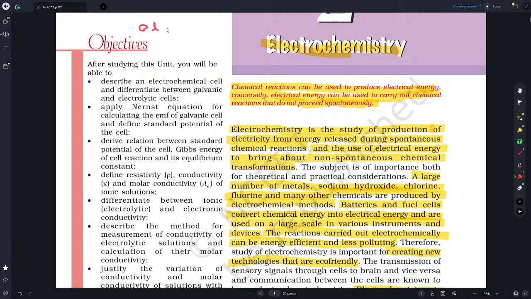Electricity is produced from chemical reactions. Electricity is produced, this is one. The second one is carrying out non-spontaneous chemical reactions via electricity.